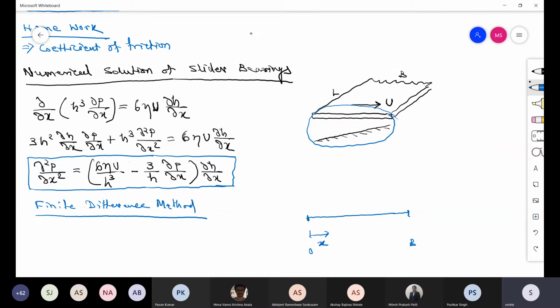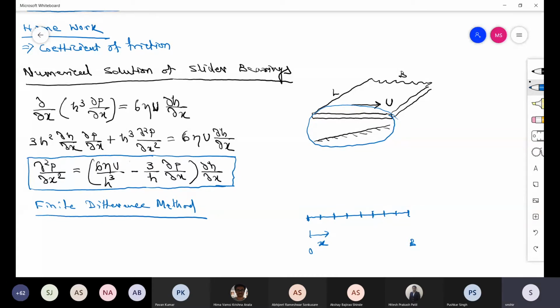What we do in any numerical method, you discretize the domain with certain nodes. Okay. So more number of nodes means you will get better accuracy in result. Now we have discretized the whole length 0 to B, so with certain number of nodal points.